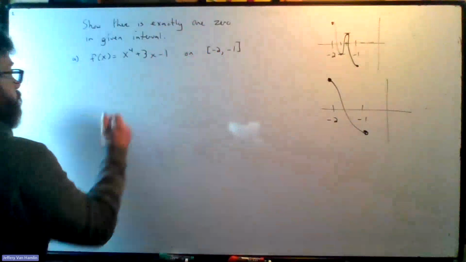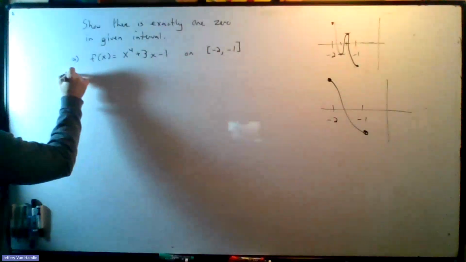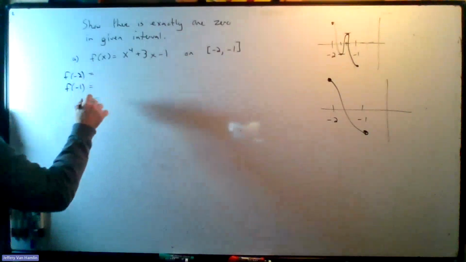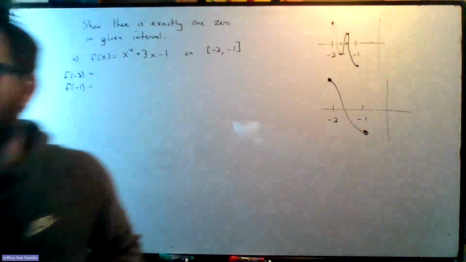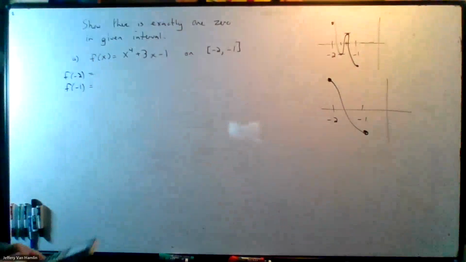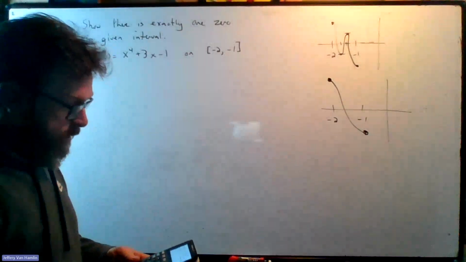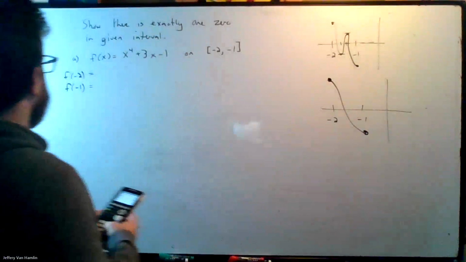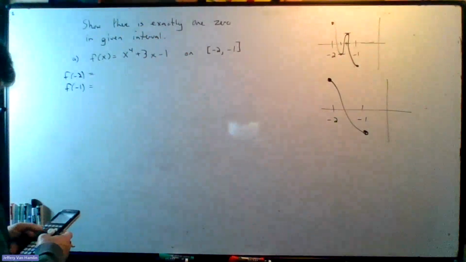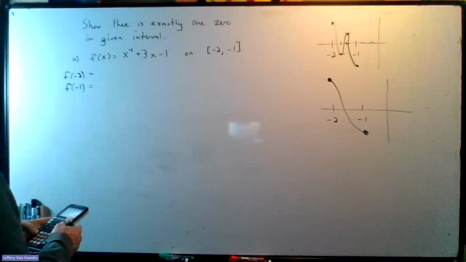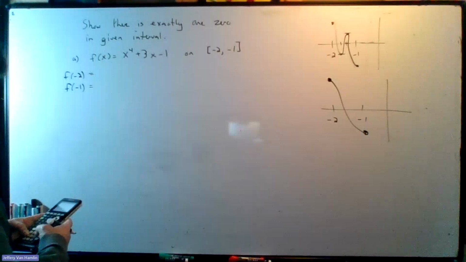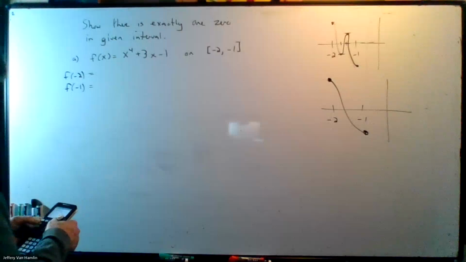Okay, so first let's figure out the values. What is f of -2 equal to, what is f of -1 equal to? I just want to show that they're different signs. I just need to show that they cross the x-axis. That's the only way to change signs, is to cross 0. So y equals x to the 4th plus 3x minus 1, enter.